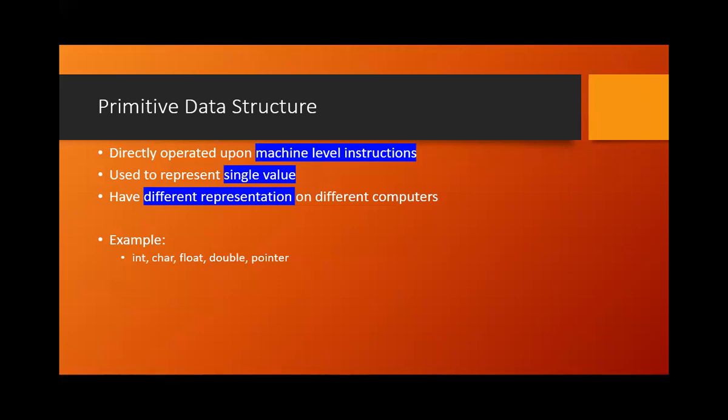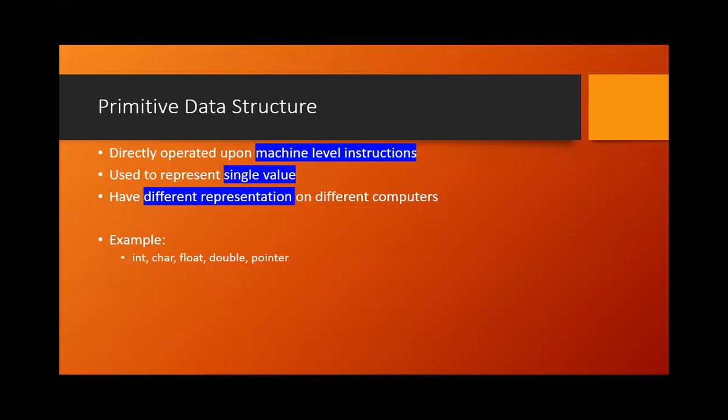And at the same time, these representations, all these primitive data structures' representation, varies depending upon the architecture of the particular computer. What we mean by that is that the amount of space required to store that particular value in that data structure differs from one computer to another computer.